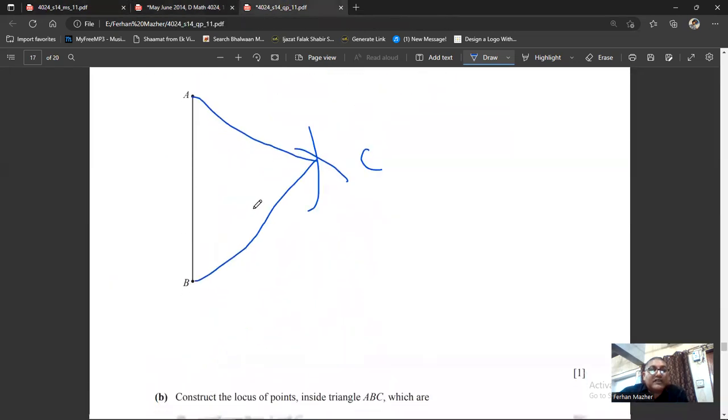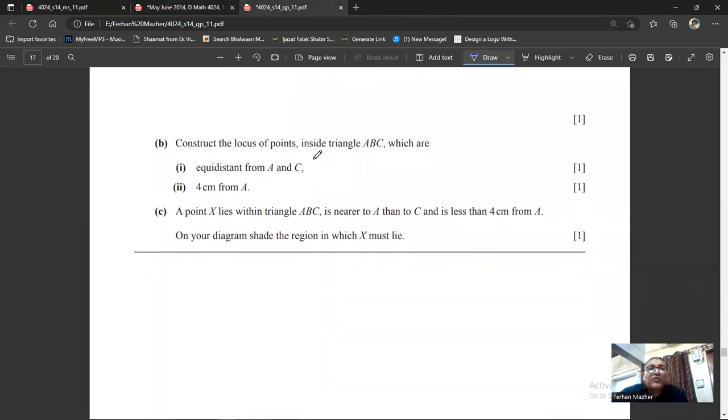Okay, then he says, construct the locus of the points inside the triangle ABC which are equidistant from A and C. Here, this means perpendicular bisector. This means perpendicular bisector. Okay, so I will draw the perpendicular bisector of the line AC.